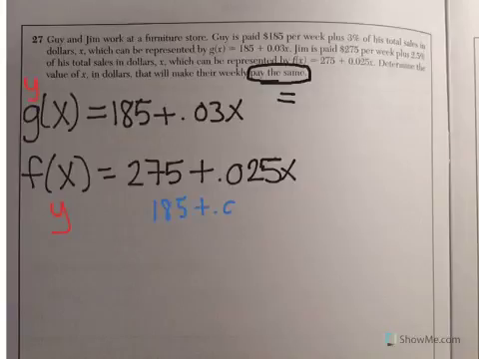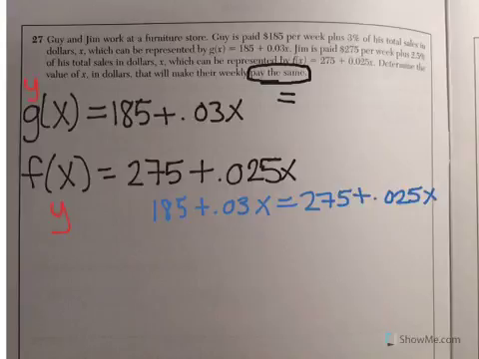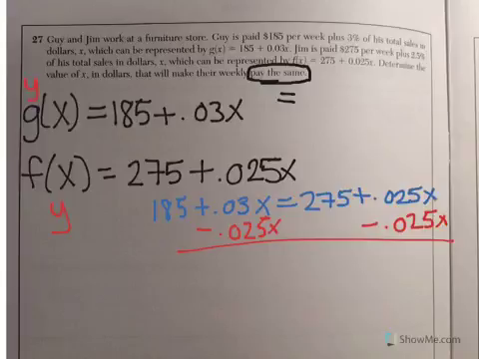So now, when we set them equal, we have 185 plus 0.03x equals 275 plus 0.025x. Now what we have to do is just solve for x. So what I would do first is subtract 0.025x from both sides to get my x's on one side, and I'm left with 0.005x, and just to save time, I'm also going to subtract 185 from both sides.